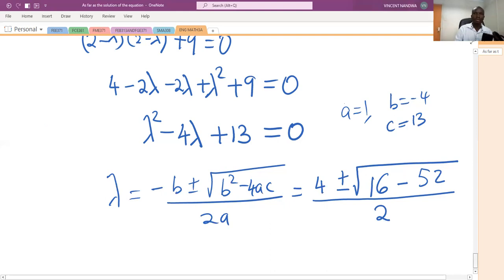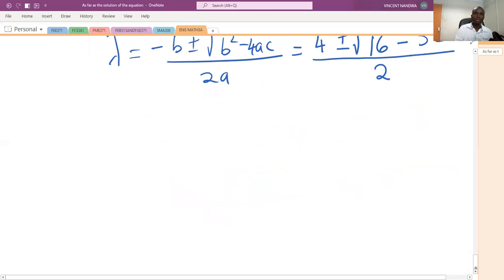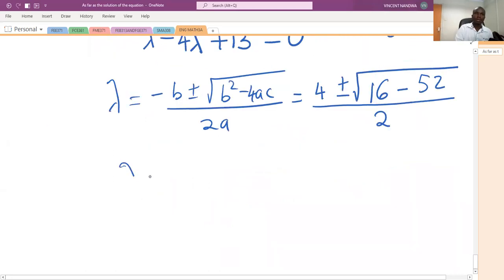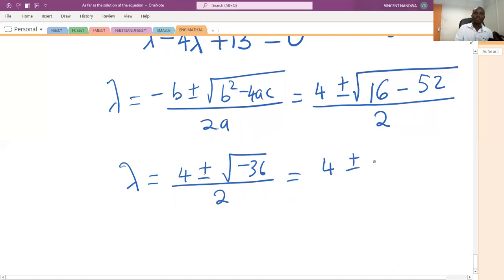So it tells us that we'll have a complex root. So lambda will be 4 plus or minus the root of minus 36, over 2. The root of minus 36 is 6i, a complex number, over 2.